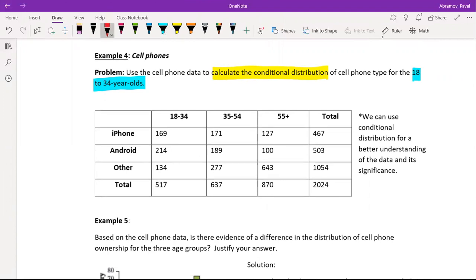Since the age, in this case, is my condition, when I am seeing how the phones are distributed in that particular age, I'm using the total for this age group as the denominator. So we'll take 169 and divide it by 517, and in this case I will get 32.7%. And then we'll do the same thing for the other numbers, for the other types of phones.